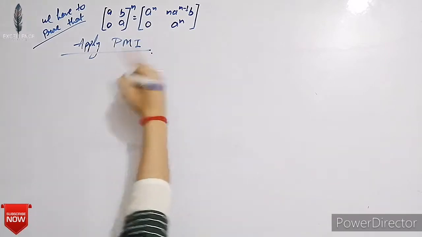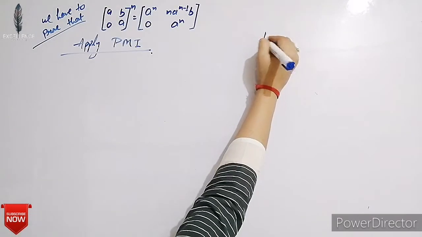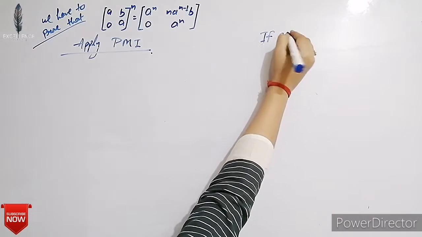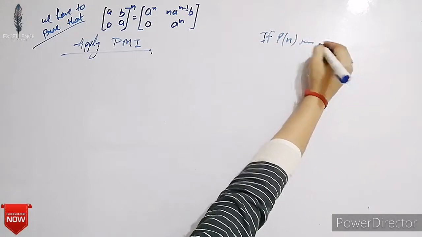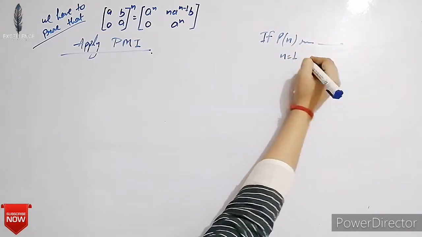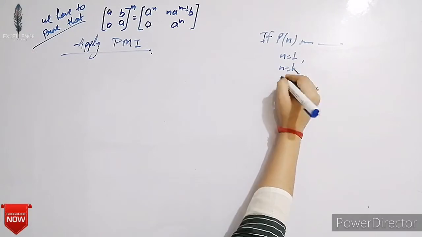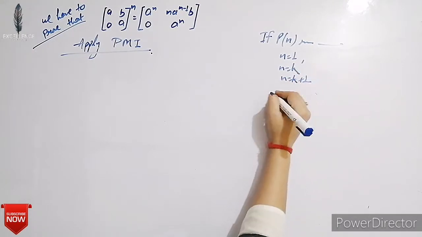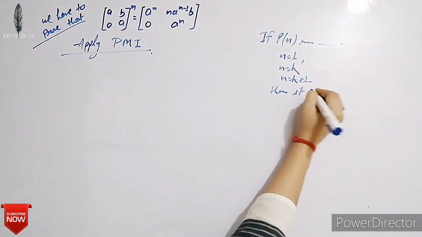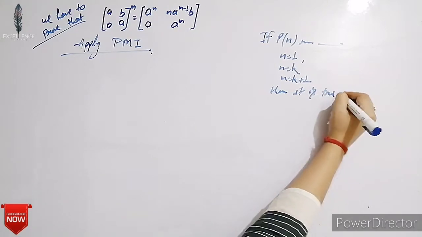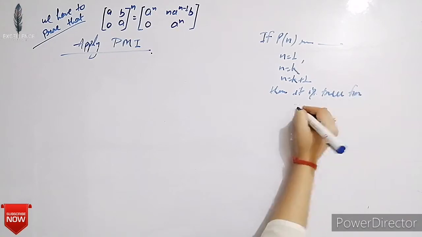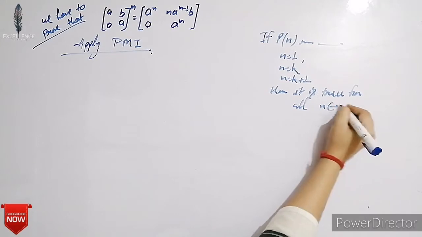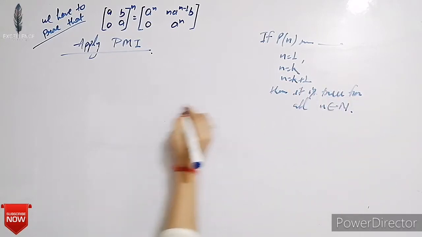So apply PMI. What is PMI? As you studied in class 11th, if P of n is true for n equal 1, n equal k and n equal k plus 1, then by the principle of mathematical induction, it is true for all n belongs to natural numbers.